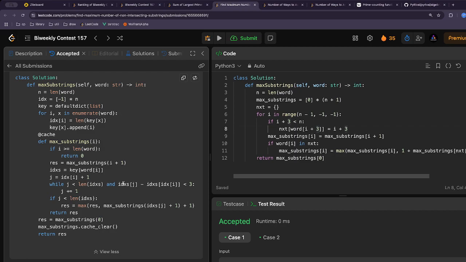Because if the next occurrence of a letter is in the next position, then you skip it and you skip it and you skip it, but at most you would have to skip 3 letters. So then it's not a logarithmic factor.